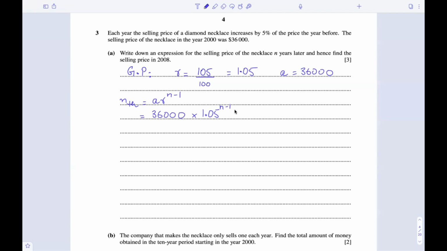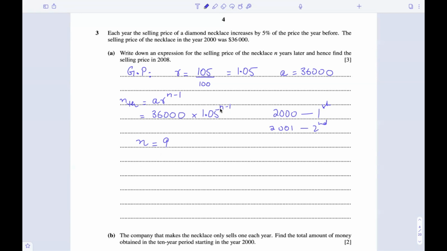To find the selling price in 2008, we know that in 2008 the value of n will be 9, because if we start from 2000, that is the first year, 2001 will be the second year, so 2008 will be the ninth year.